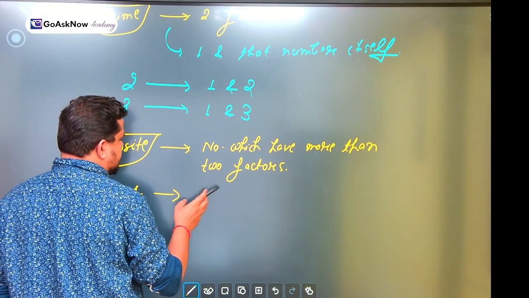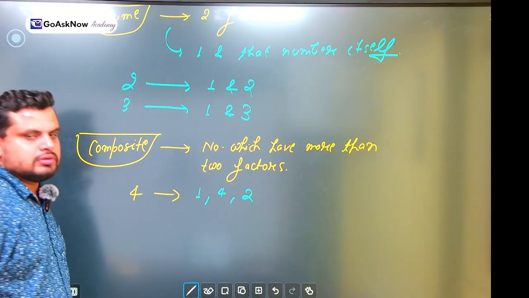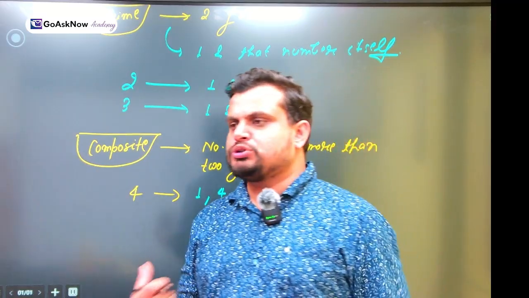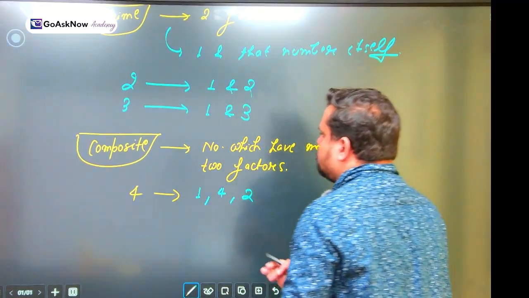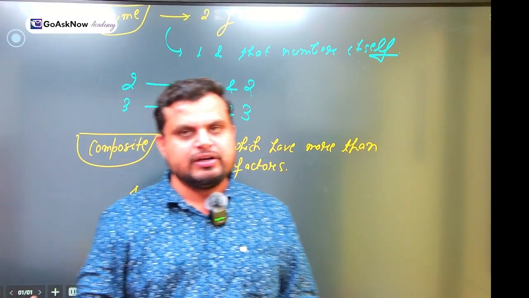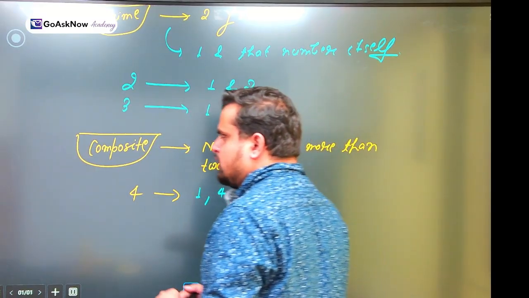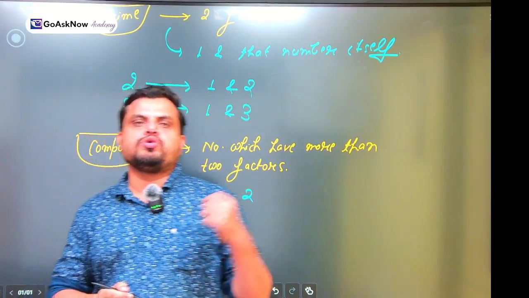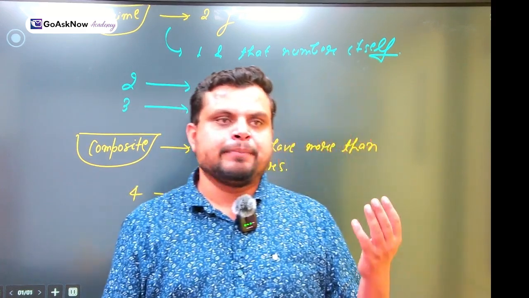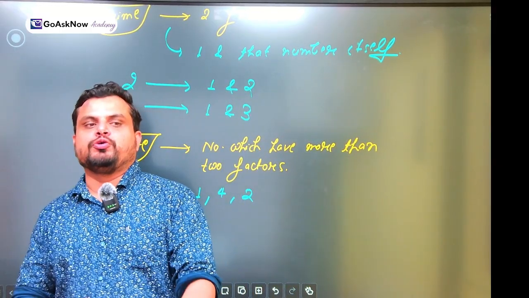For 4 we can see that 1 is a factor, 4 is a factor and 2 is also a factor. So for 4 there are 3 factors, so this is a composite number. Now you know what prime numbers and composite numbers are. Again, prime numbers have only two factors, one and that number itself, and composite numbers have more than two factors.